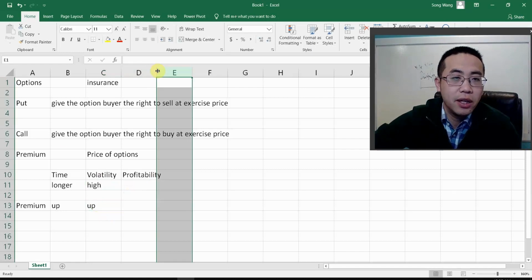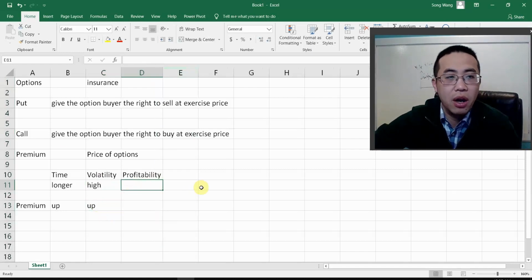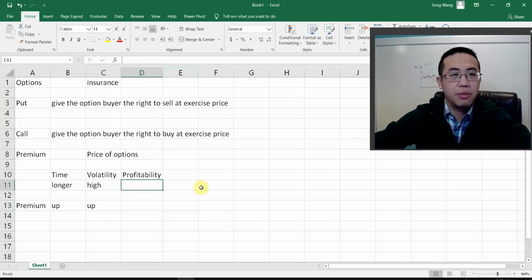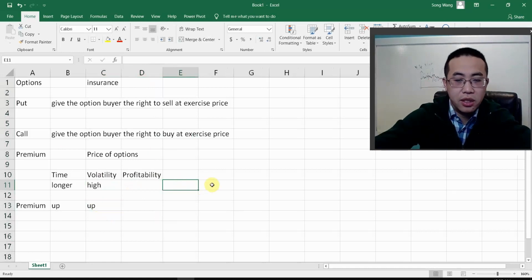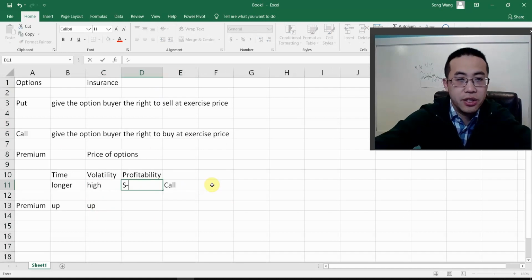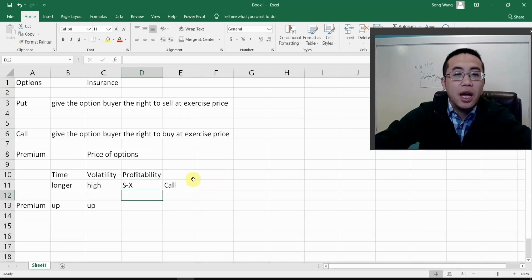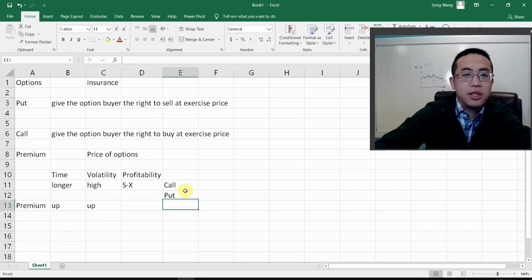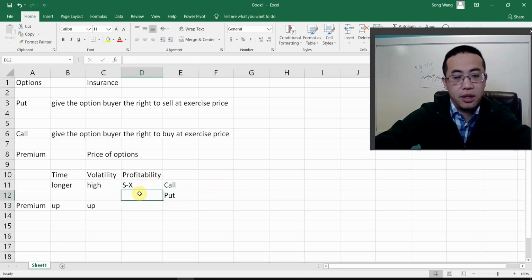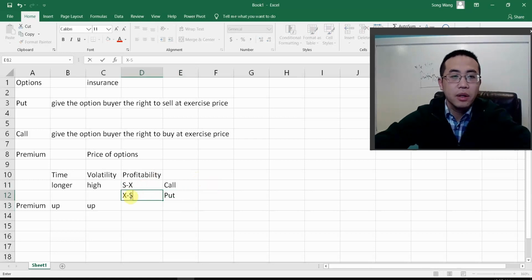And in terms of profitability, it's a little bit different for call option and put option. So the profitability for a call option is the spot rate minus the strike rate, and for a put option, it is the strike minus spot.